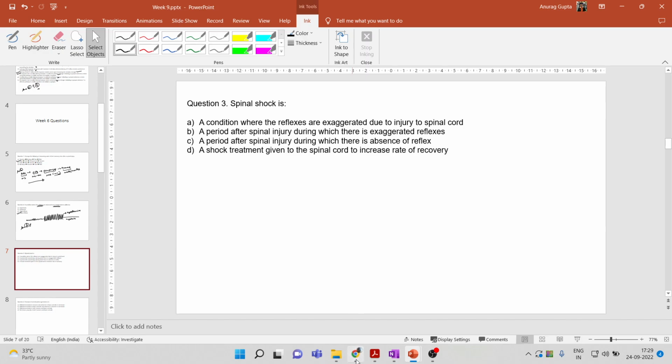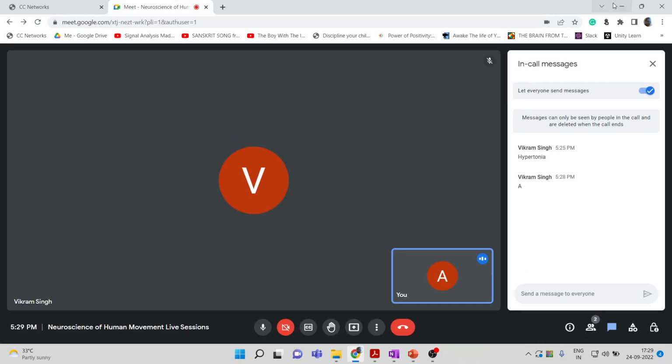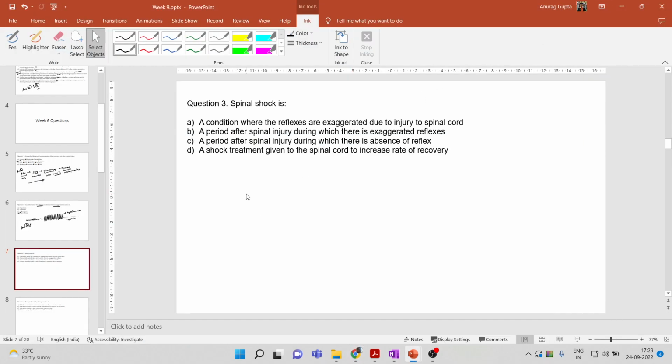Okay, let's see. Vikram is saying A. So usually what happens is, after a spinal injury, there is a period where the reflexes are either very less or absent.